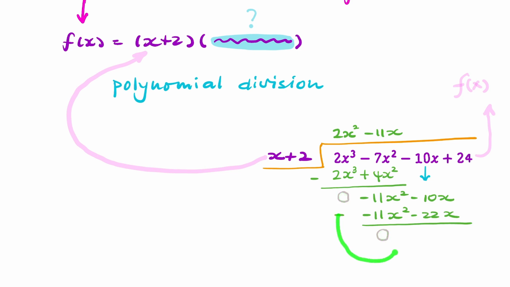And again, negative negative means positive. So minus 10x plus 22x is 12x. And again, before you divide this by this, you need to bring the next term down. So that's 24. And you divide 12x by x, and that will give you 12.